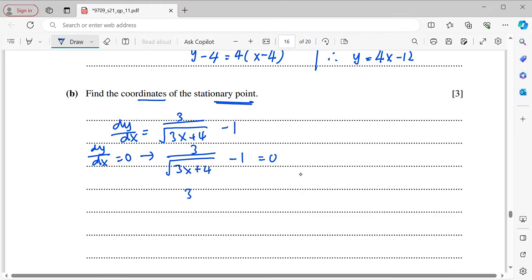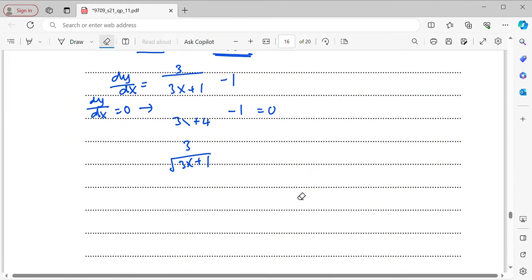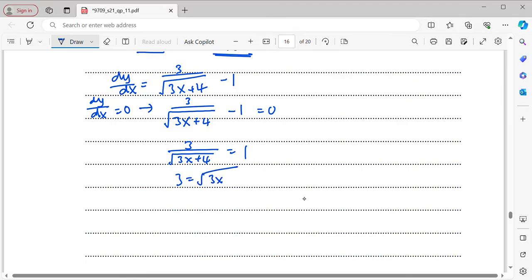So I will get 3 over square root of (3x plus 4) equals to 1. Okay, so the square root will move out. So I'll get 3 equals square root of (3x plus 4).